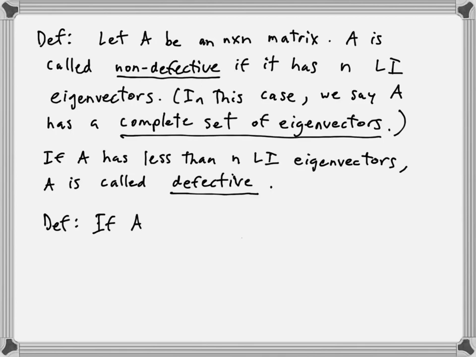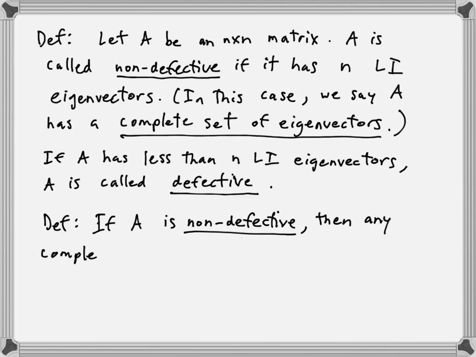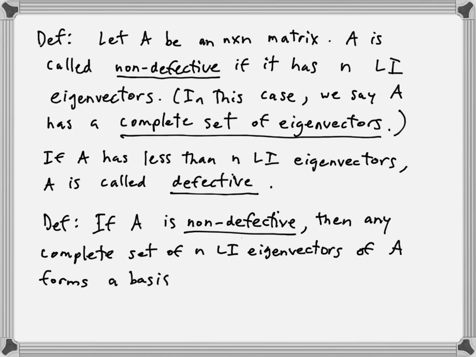If A is non-defective, then any complete set of n linearly independent eigenvectors of A forms a basis for our vector space.